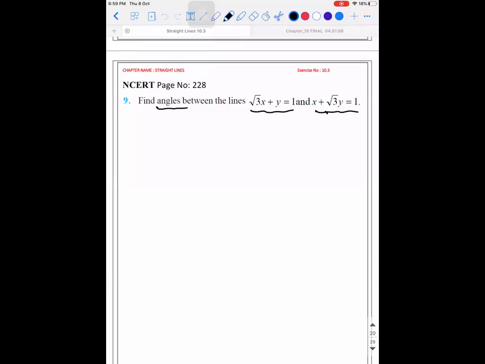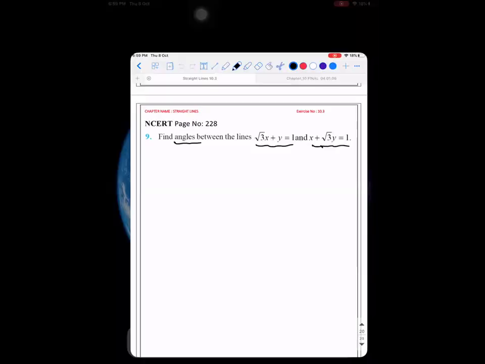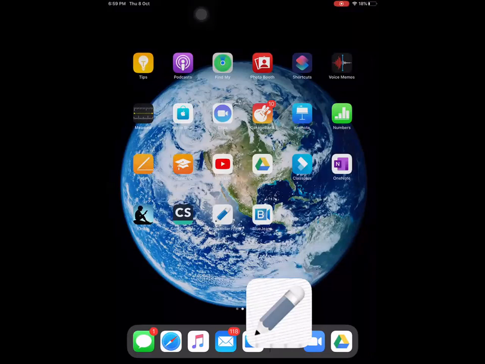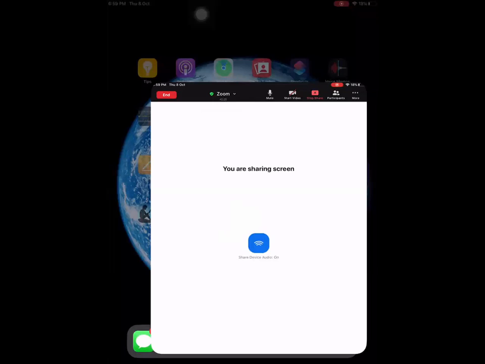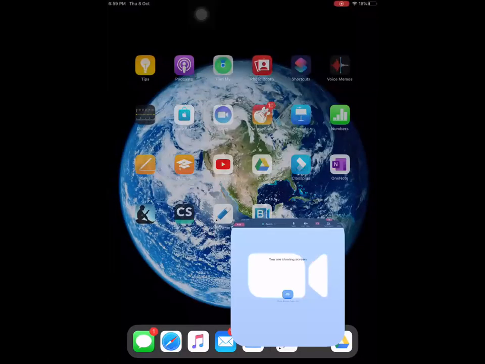Guys, if there is no response, I'll just wind up this session. Is my voice clear or not? Yes, sir. I've been asking what are we supposed to do to find the angle between two lines. If two lines are given, how will you find the angle? What formula will we apply?